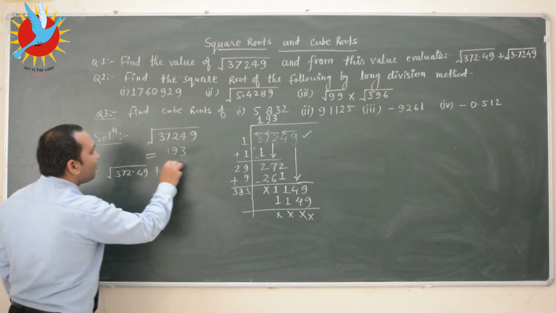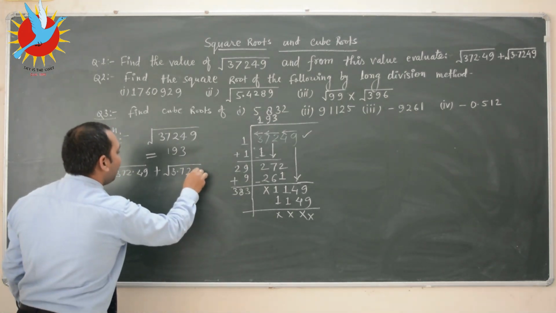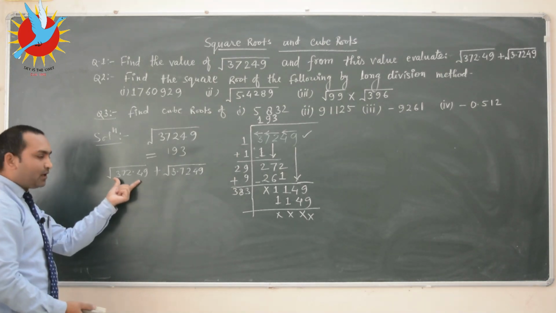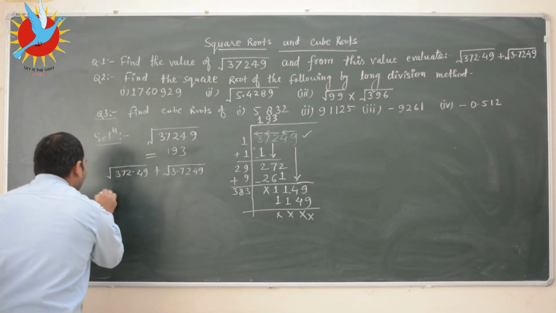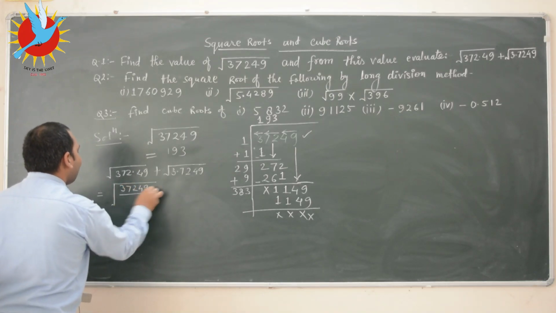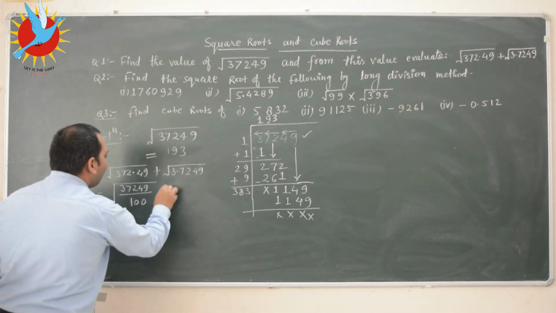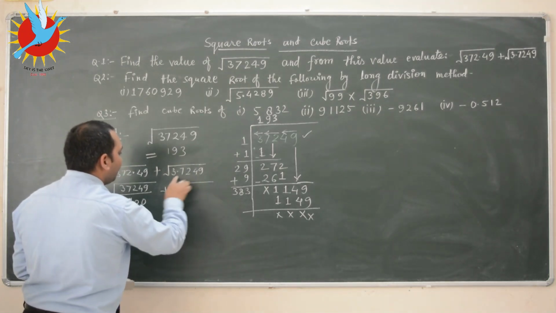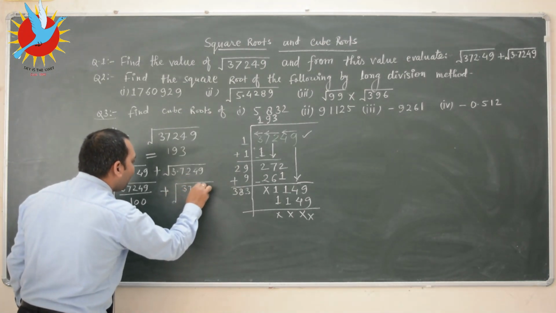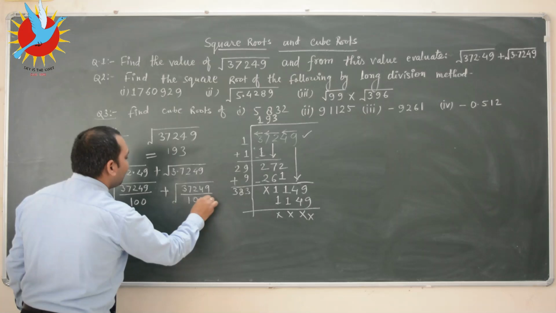We can represent these decimal numbers in fraction form: square root of 37249 divided by 100, since the decimal places are 2, plus the square root of 37,249 upon 10,000, since there are 4 decimal places.